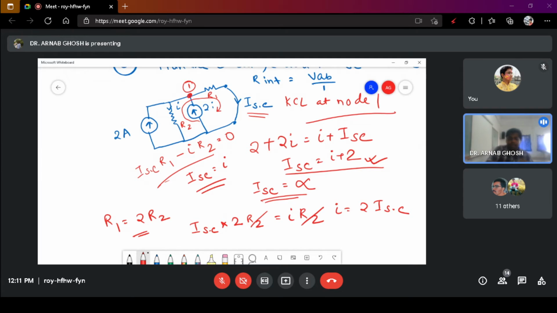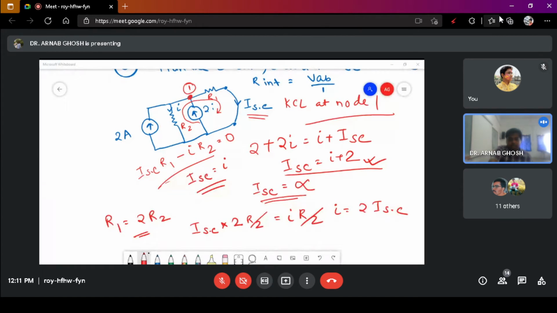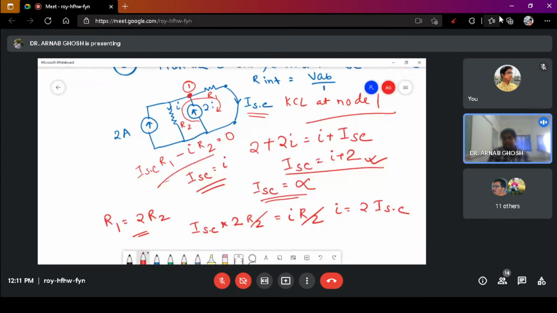Then you put this in the equation. What will be the value of ISC? ISC is equal to twice ISC plus 2 from this equation. Therefore ISC will be equal to minus 2 ampere.